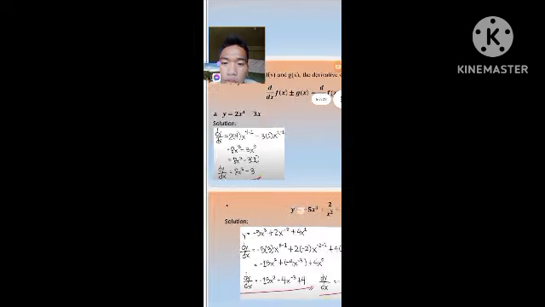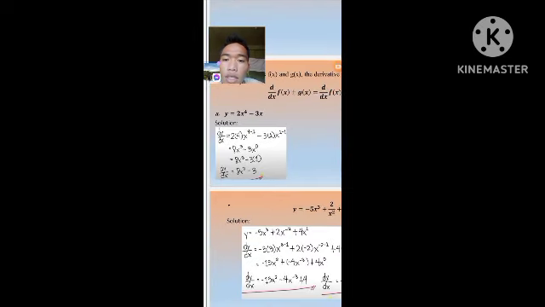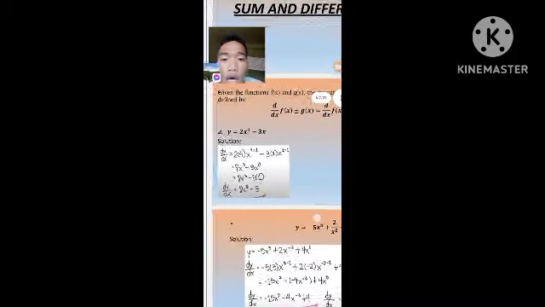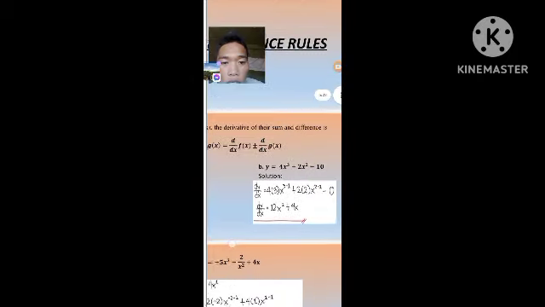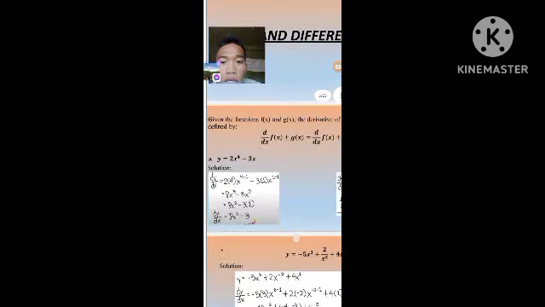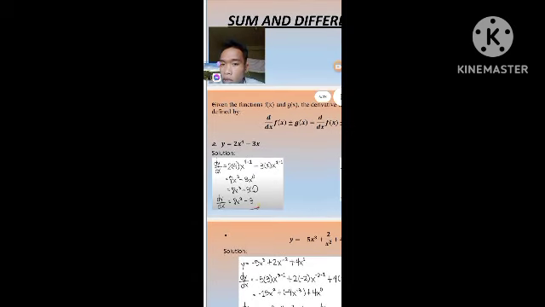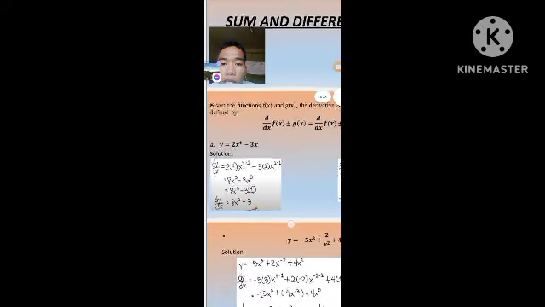So dy over dx equals, our derivative of the sum or difference being defined. Given the functions f of x and g of x, our f of x is 2x to the 4th and our g of x is 3x.